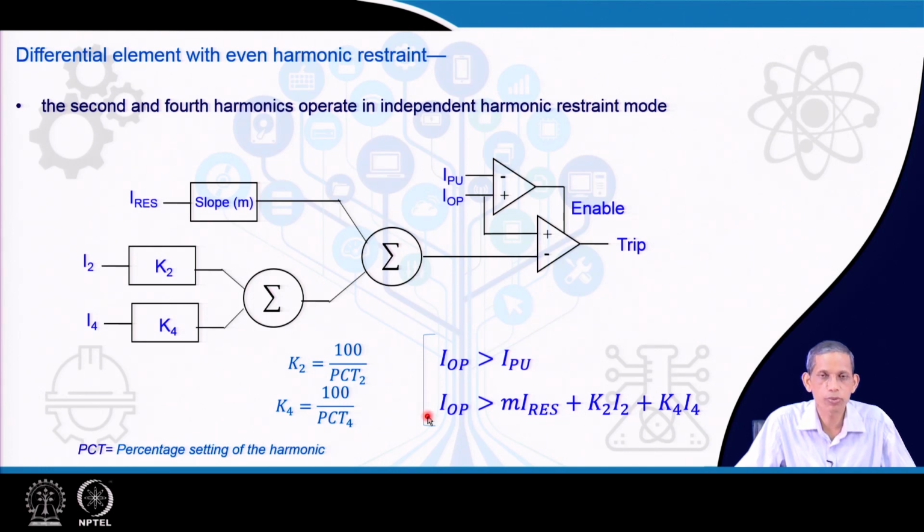So, this is another way to avoid the maloperation of the differential relay, and we call it the harmonic restraint option. The corresponding harmonics are added to the restraint current.